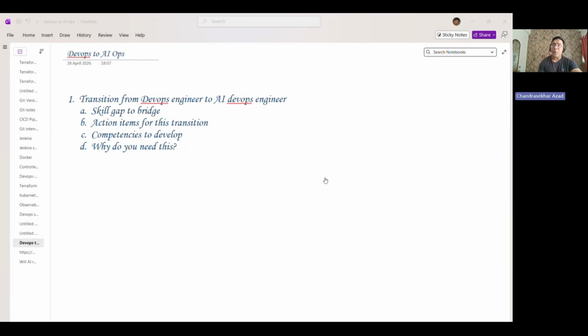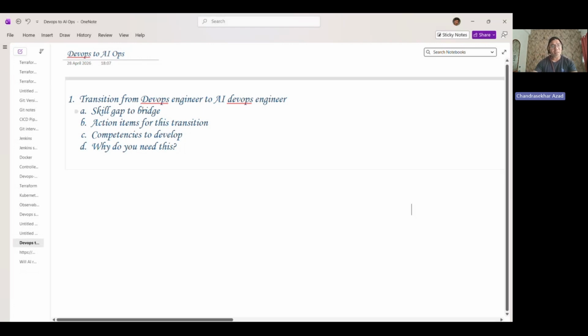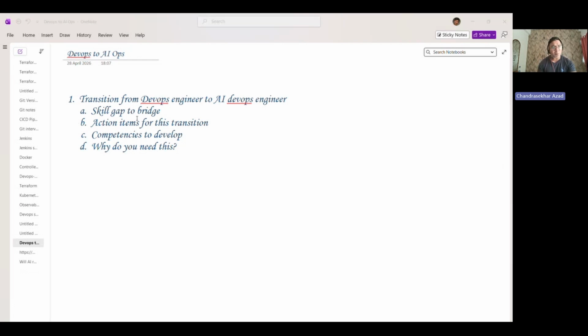Now, let's talk something about what should be your transition roadmap. So the first thing which you need to understand is you need to bridge the skill gap which you had till now being a DevOps engineer, which you must have to become one AI DevOps engineer. You need to have understanding of some of the AI fundamentals.